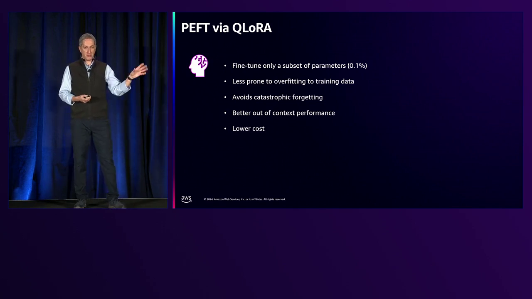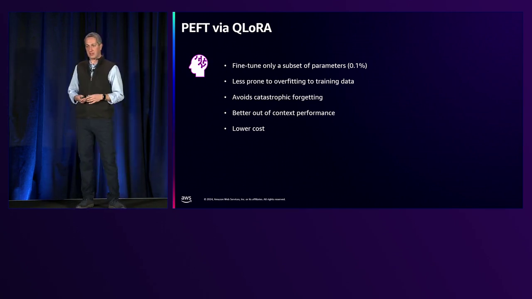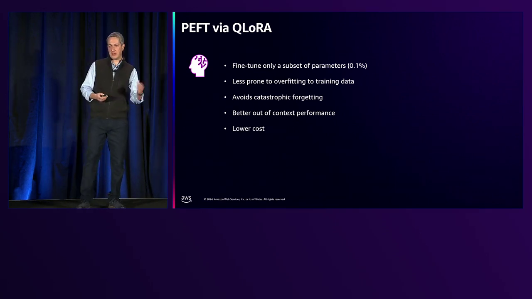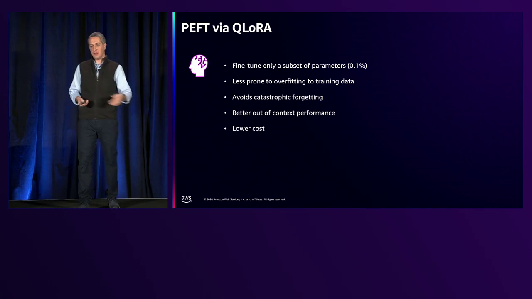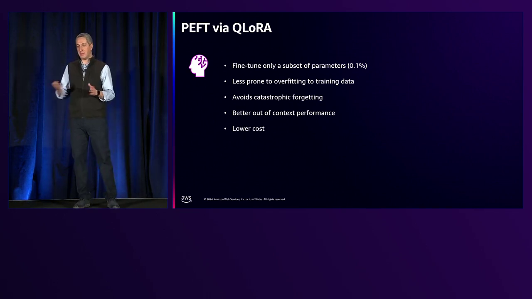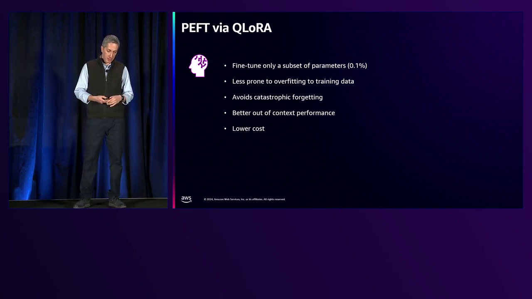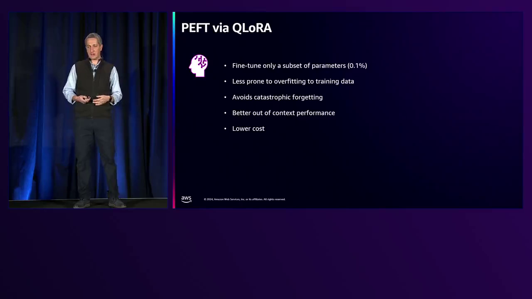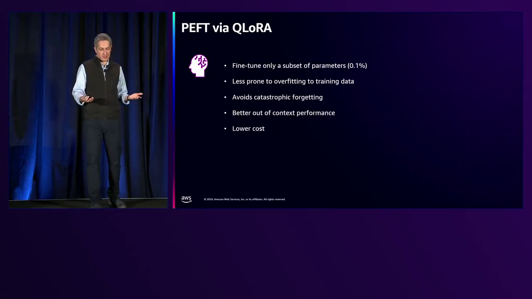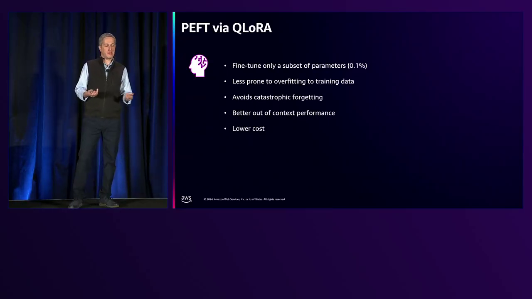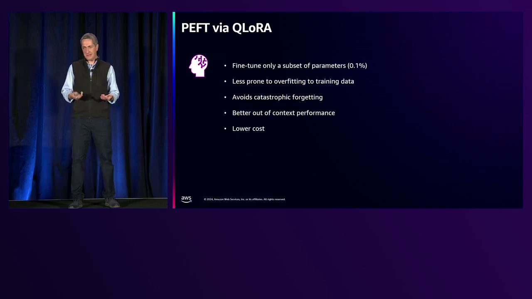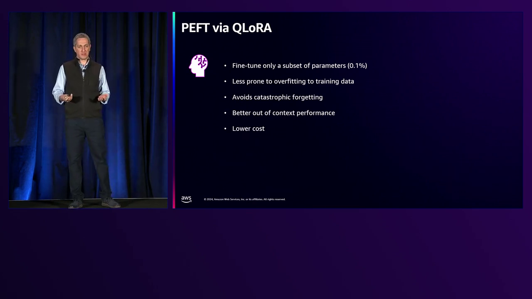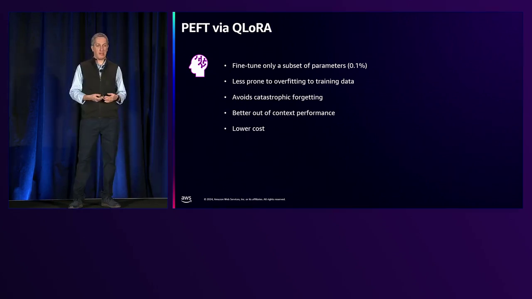Normally, with smaller scale fine-tuning, your model becomes much better at out-of-context performance. As your domain grows, your model reacts better to it. And it has significantly lower cost. All this fine-tuning we could do on a single GPU machine in SageMaker in around 16, 17 hours for one full end-to-end training.